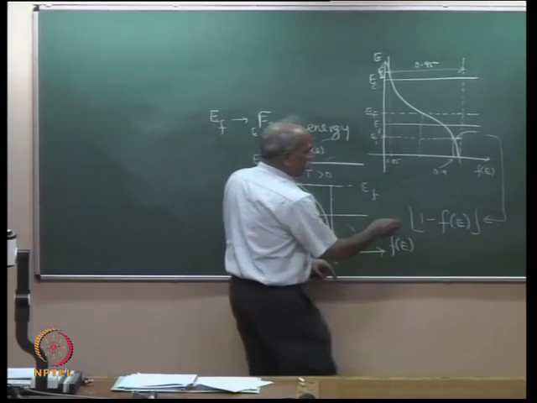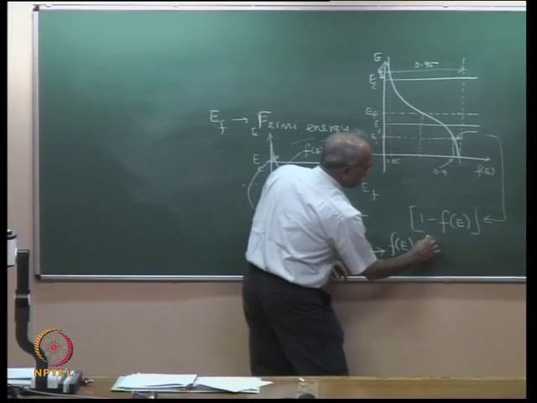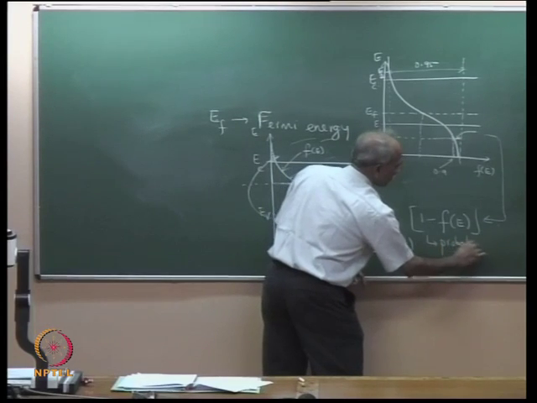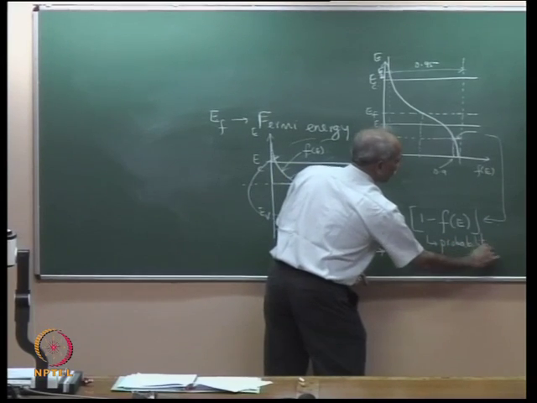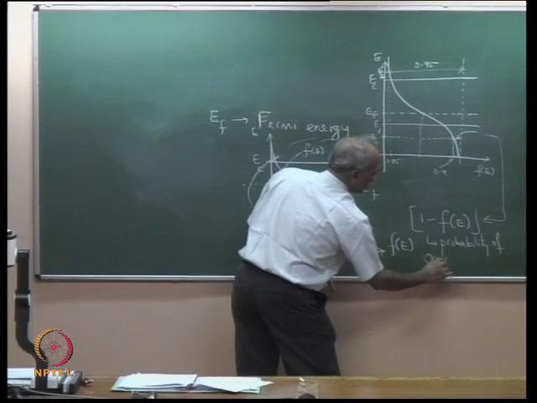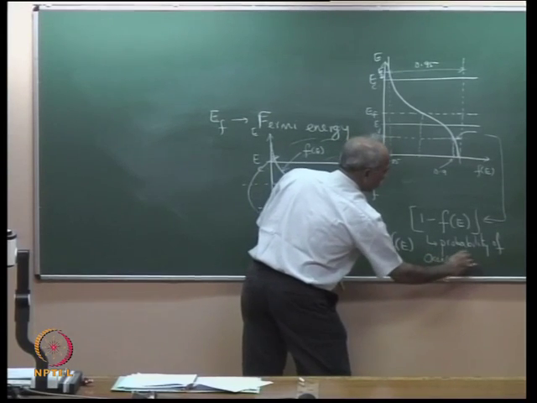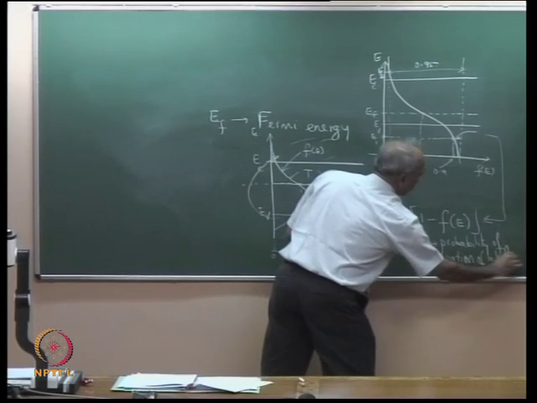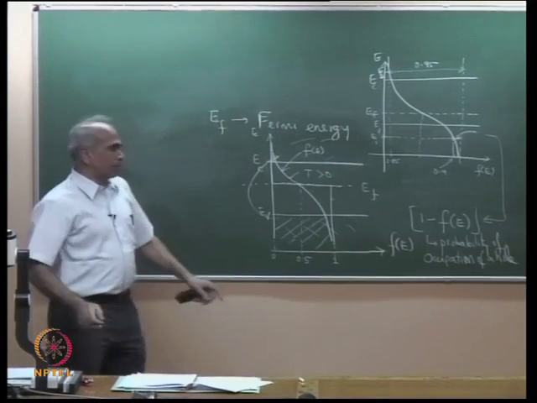So 1 minus f of E is the probability of occupation of a hole, of a hole in the valence band, obviously.